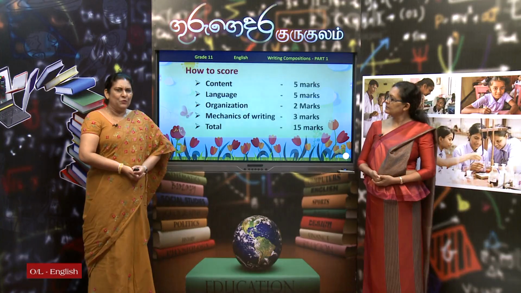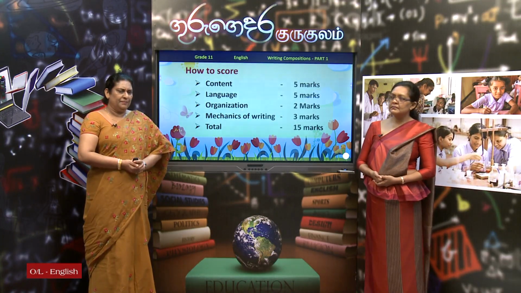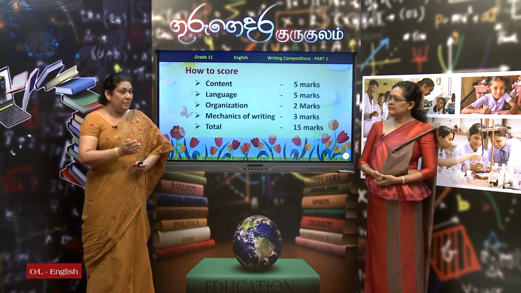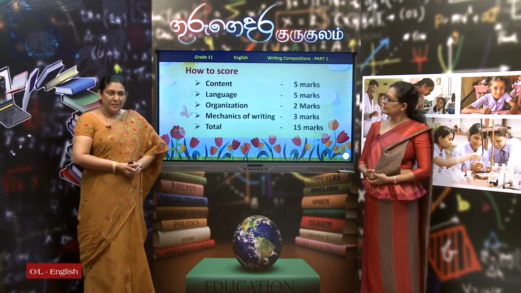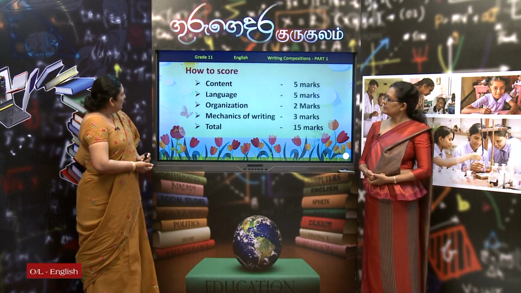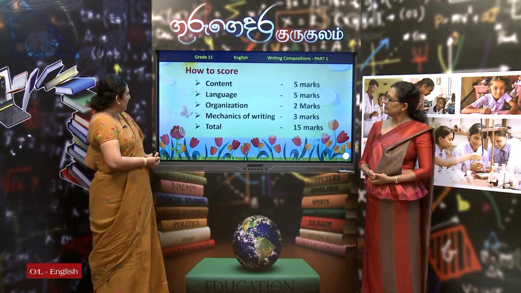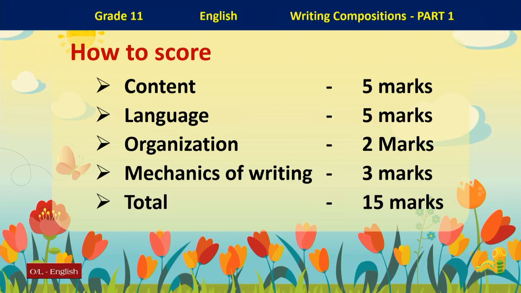Now I will tell you why this question is very important because it carries 15 marks. This is how the marks have been divided. Content, 5 marks, that means you have to include all the points that are given to you. Language, you have to write without making grammatical mistakes, and you will have 5 marks.